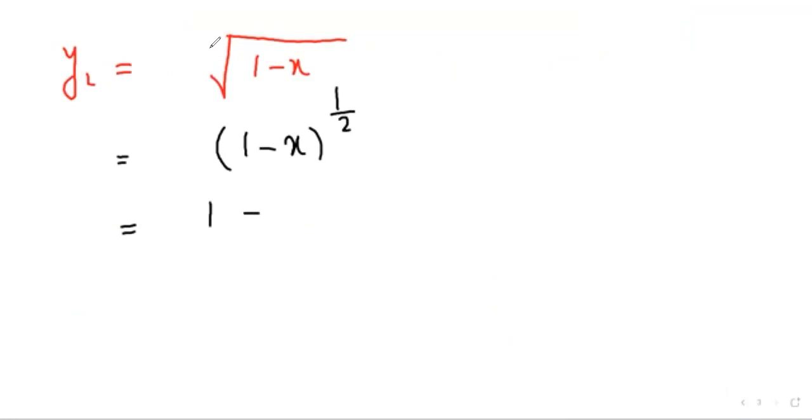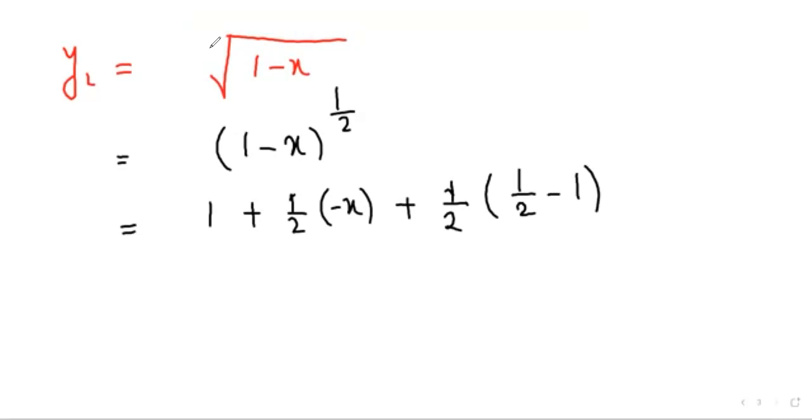It would become 1 plus nx, where n is 1 by 2 and x is minus x, plus n into n minus 1 into x square. This is 0 factorial, this is 1 factorial, this is 2 factorial.